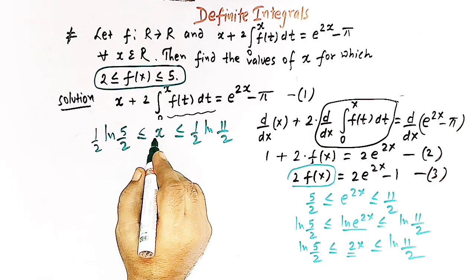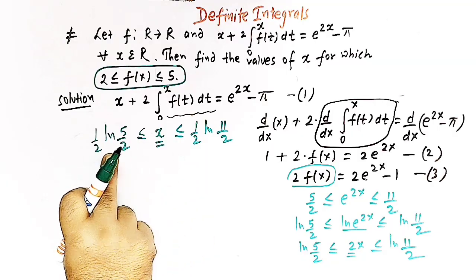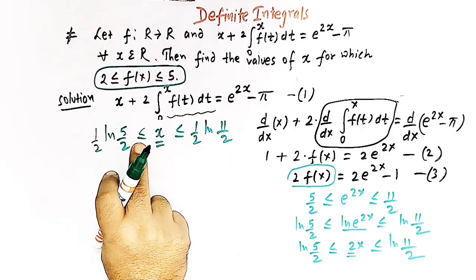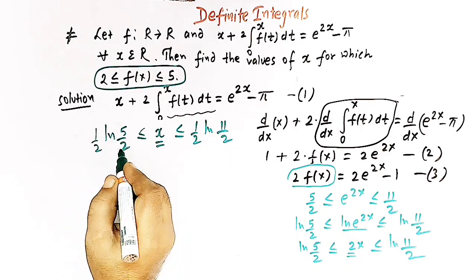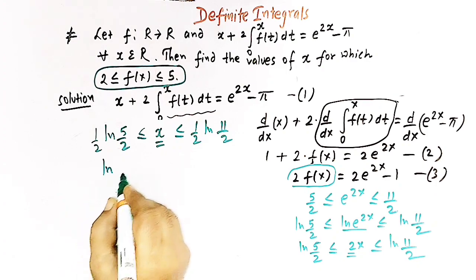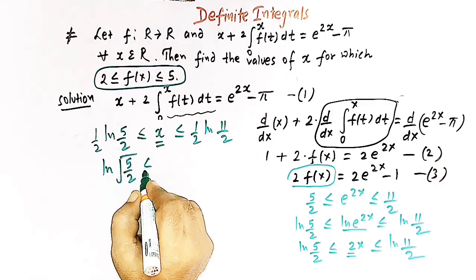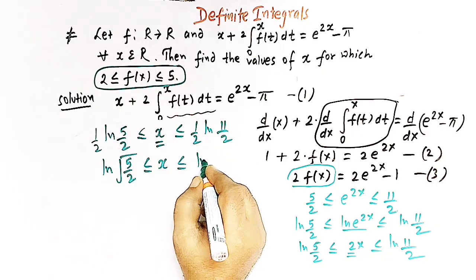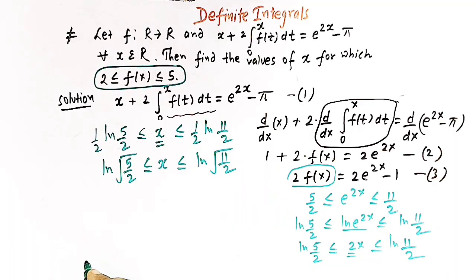So we can see that the values of x lie between these two numbers, including the numbers, because here we have the equality, right? So we can write half natural log of 5 over 2 as natural log of square root of 5 over 2, and here we have x, and here we can write natural log of square root of 11 over 2, right?